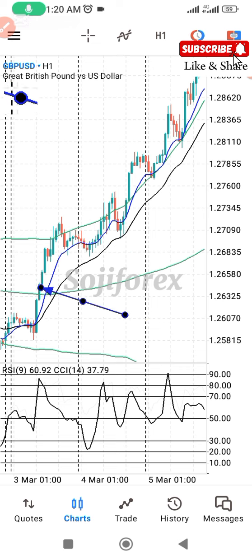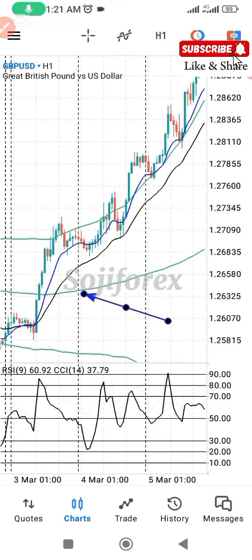So remember, we only use this cross to determine the trend, not to buy or sell. So just like every other person you might have heard from, that when the moving average cross you buy. No, that is a wrong way to trade the moving average. Now that this has crossed, remember, price has crossed and price will have moved a distance before you see the moving average making this cross.